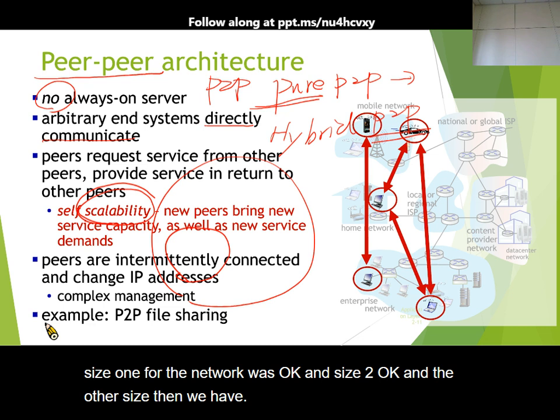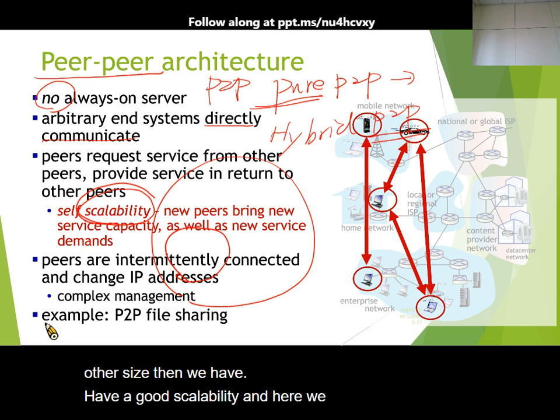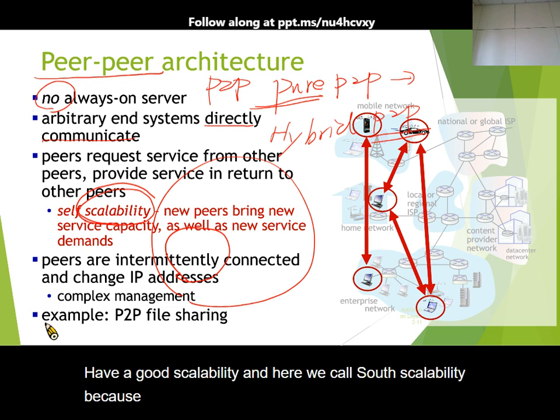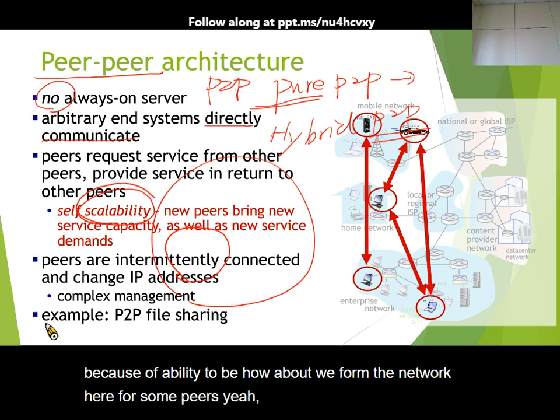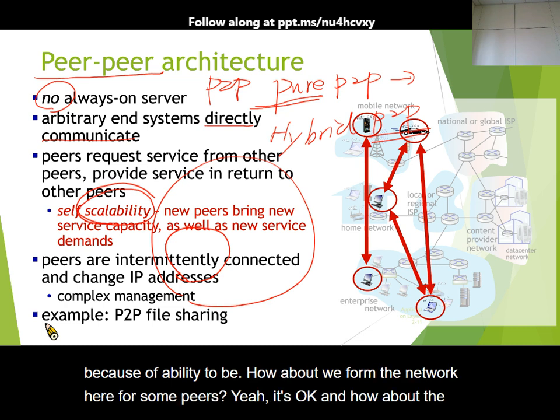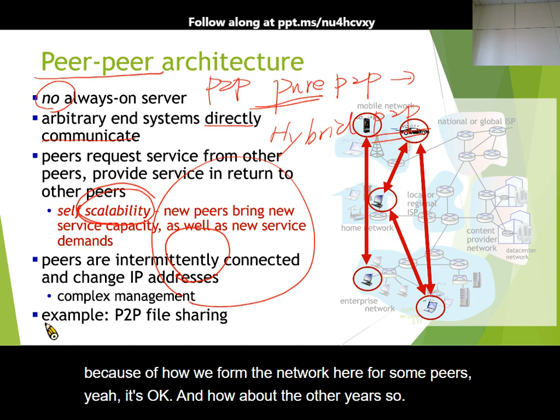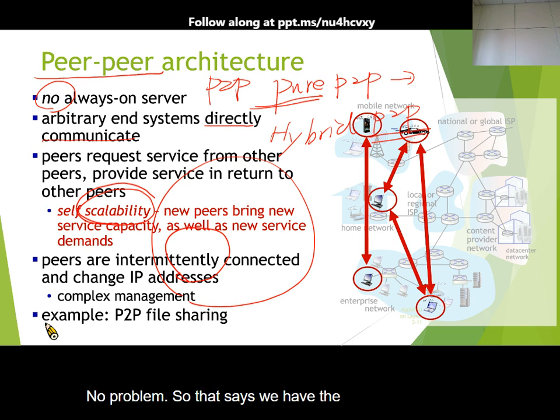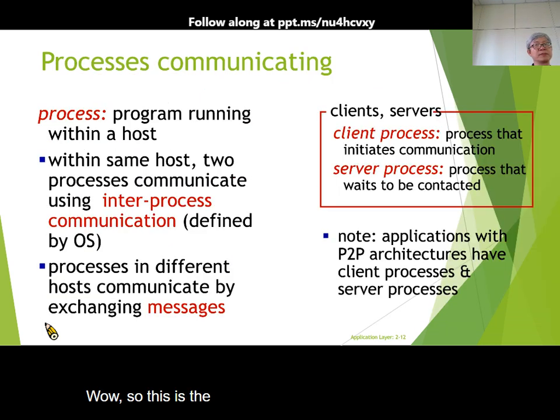Here we call it self-scalability. Because of P2P, how about we form the network here with some peers? Yes, it's okay. And how about the others? Yes, no problem. So we have self-scalability. This is the second paradigm, P2P architecture.